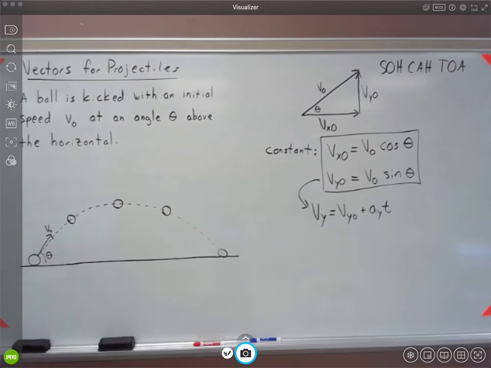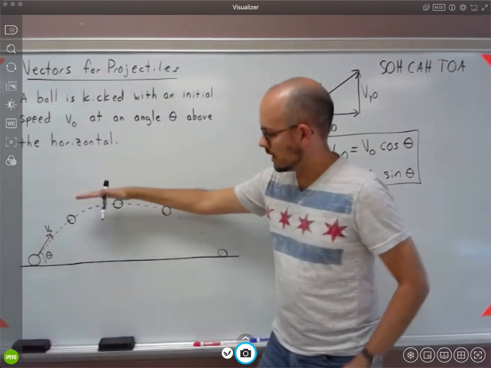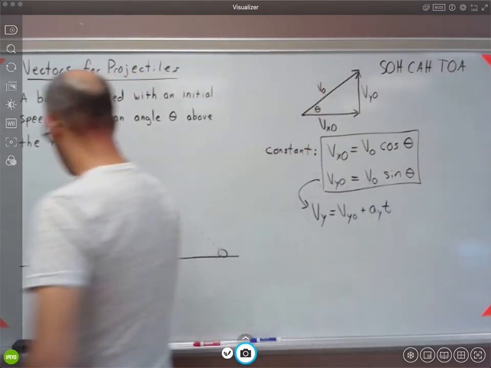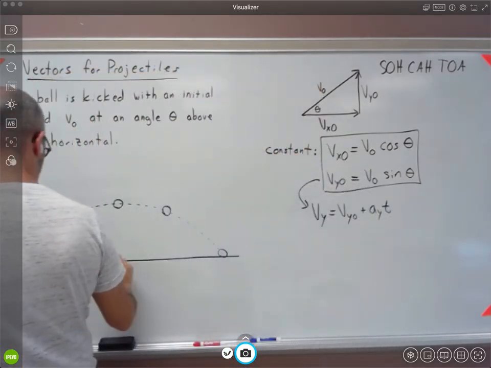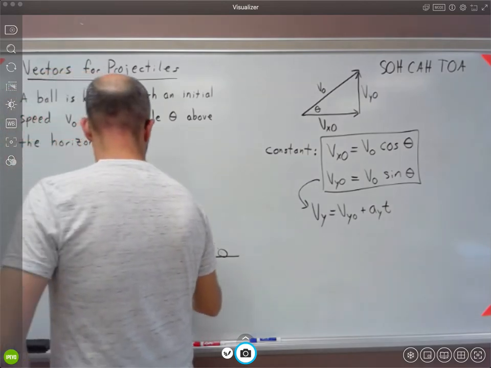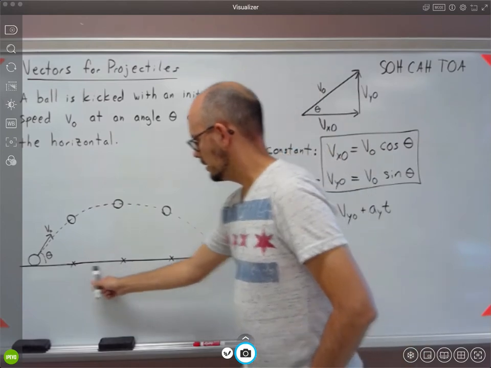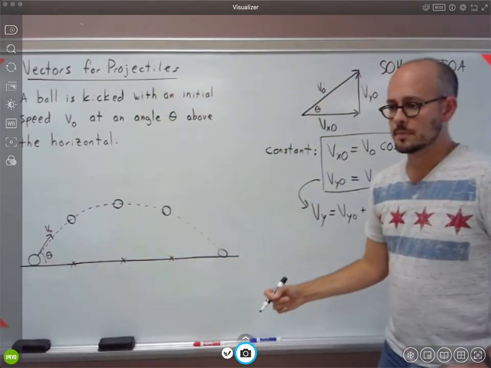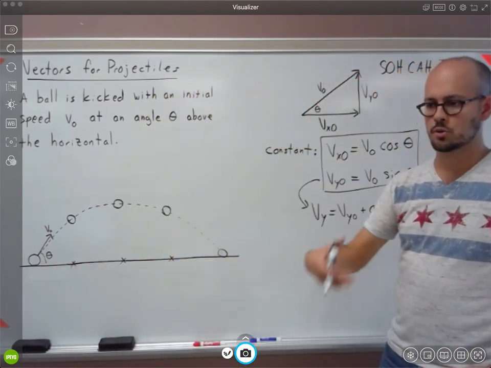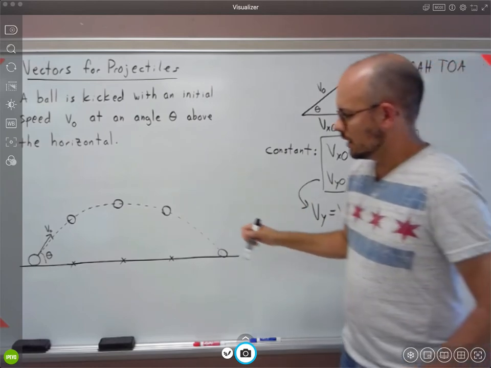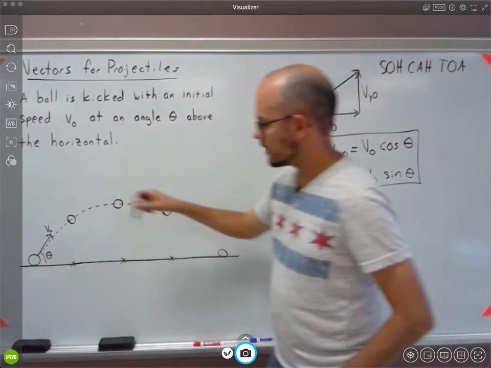What I want you to notice is if I took all of these images of the ball and dropped them down, if I did a good job, they would be approximately the same distance apart. These distances would all be the same because in the x direction, the motion is constant. Obviously, in the y direction, that isn't true.